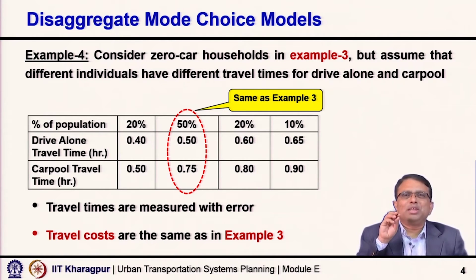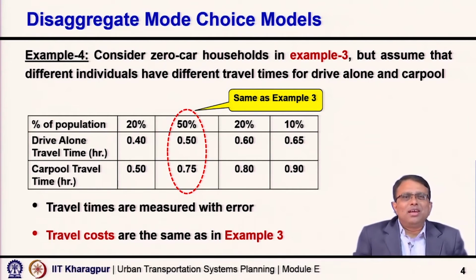So, you can consider that maybe around the zone centroid there are different rings or different zones around that, and depending on where you are actually there in that traffic analysis zone, accordingly your actual travel time will vary.